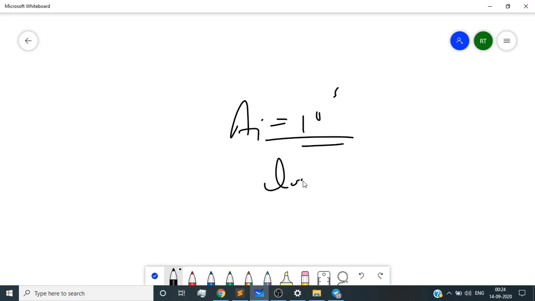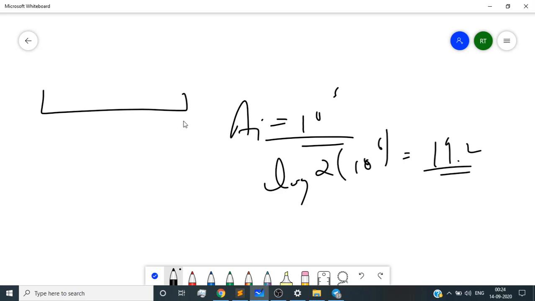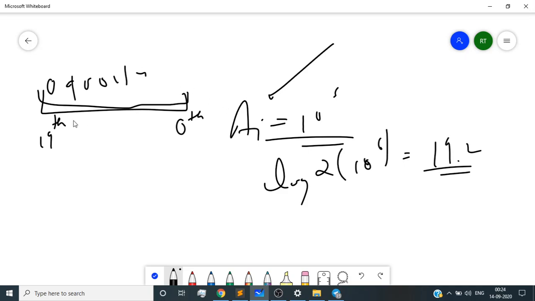When I calculate its log base 2, it comes to nearly 19 point something. What does it mean? It means that in the binary representation of a of i, we can have positions from 0 to 19, and each would either be a set bit or not.